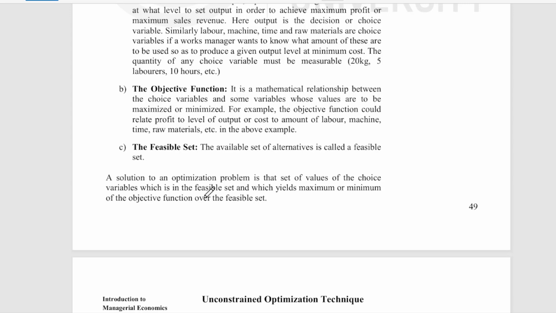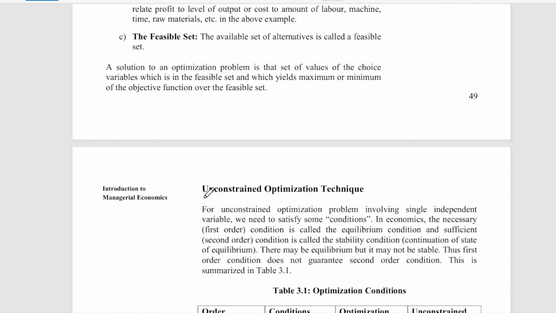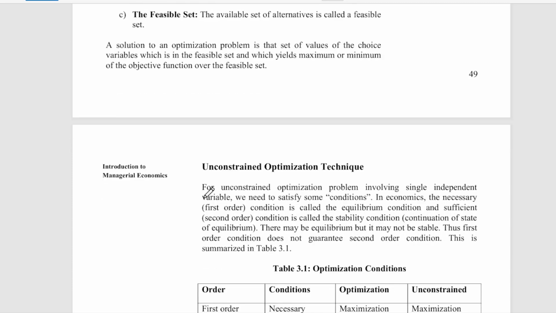The objective function is a mathematical relationship between the choice variables and some variable whose value is to be maximized or minimized. The available set of alternatives is called the feasible set. A solution to an optimization problem is that set of values of the choice variables which is in the feasible set and which yields the maximum or minimum of the objective function over the feasible set.